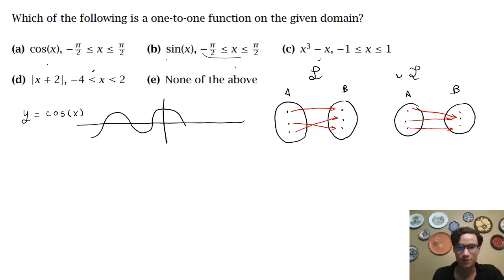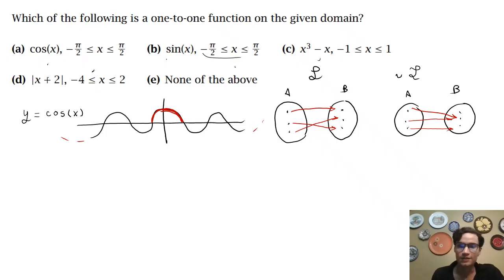Very beautiful, but not very exact. The given domain is from minus pi divided by 2 to pi divided by 2. So the function we're going to analyze is only this piece of the whole function. This function is infinite.